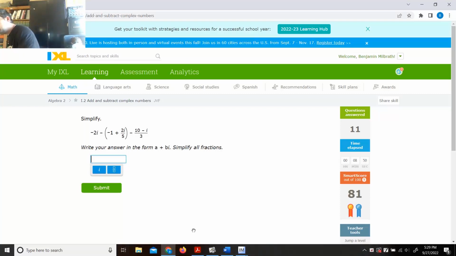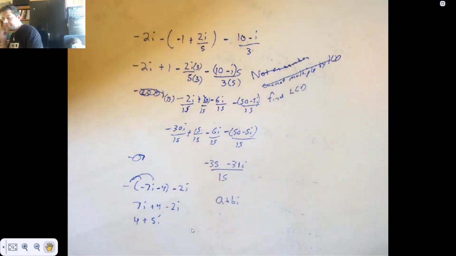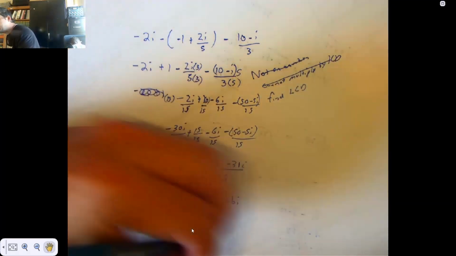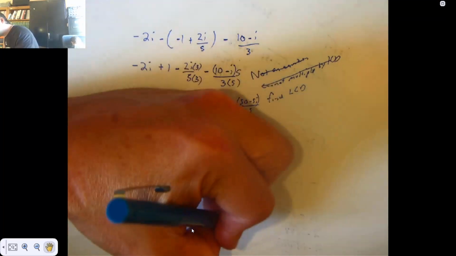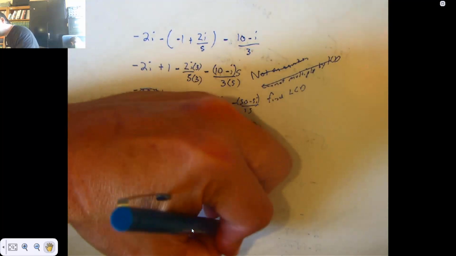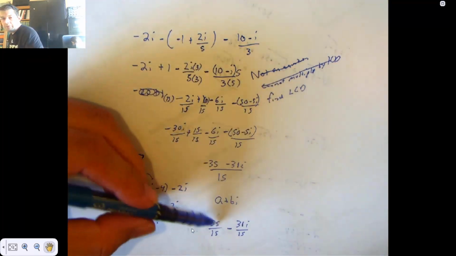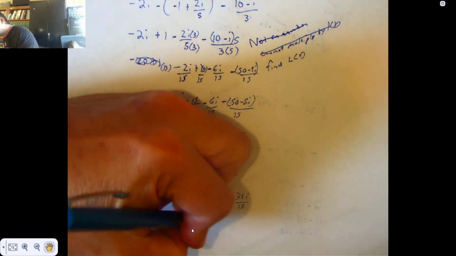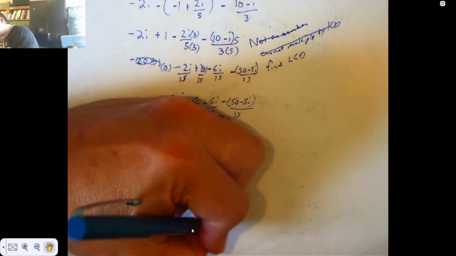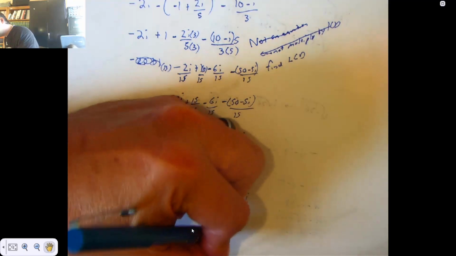Now, the form that they want is a plus bi. So I'm going to break this fraction apart. Negative 35 over 15 minus 31i over 15. This will simplify. Those numbers are both divisible by 5. That's negative 7/3. 31 and 15 don't have anything in common.